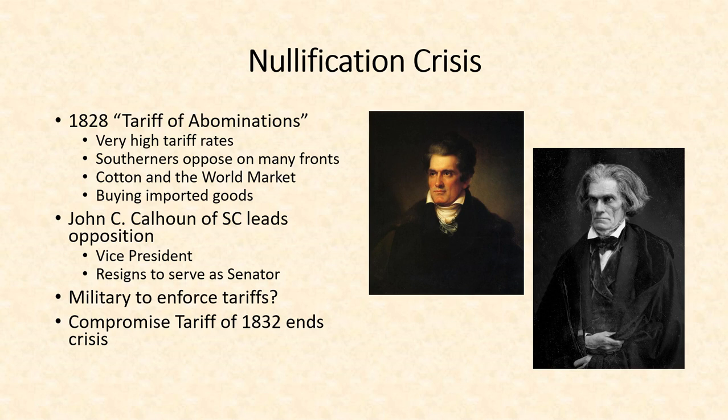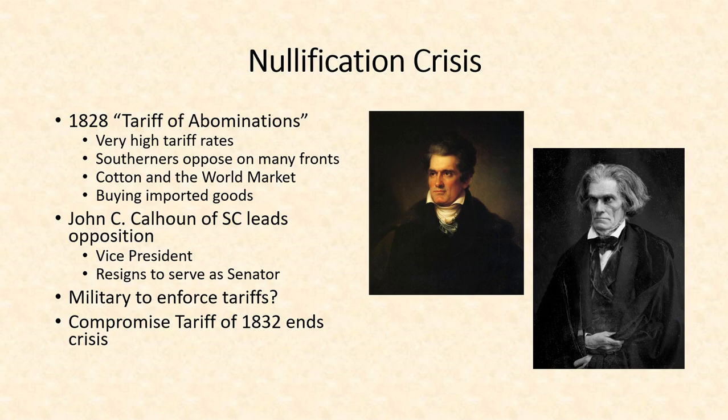In 1828, Congress approves the tariff, what is called the Tariff of Abominations. Essentially, the Tariff of Abominations places incredibly high tariffs on goods imported into the United States.